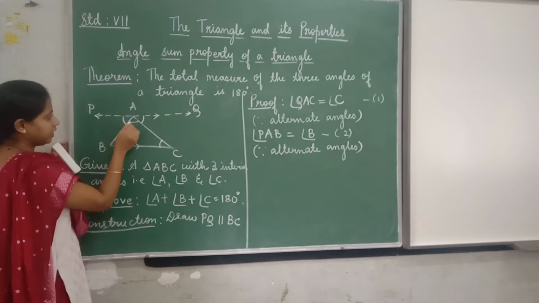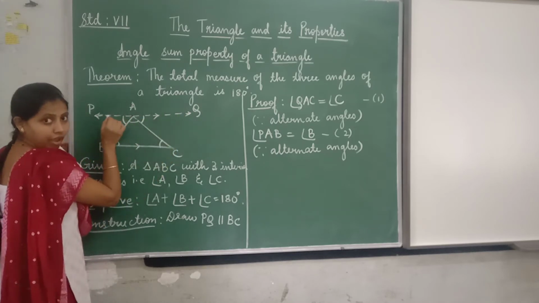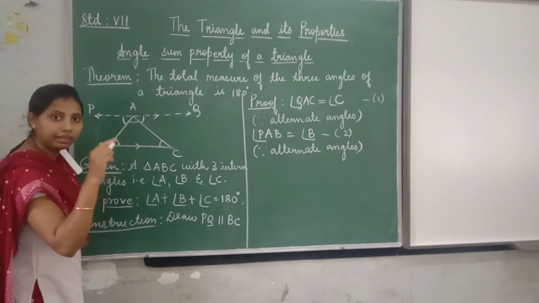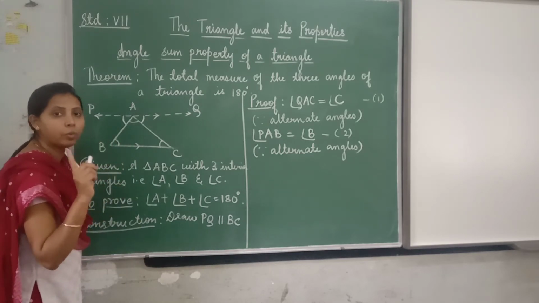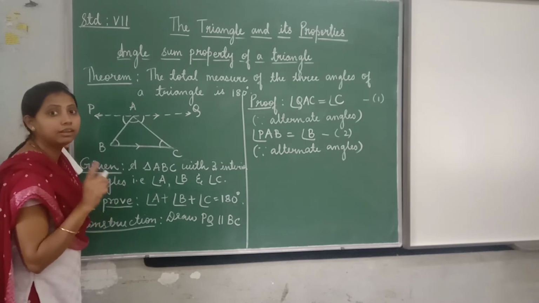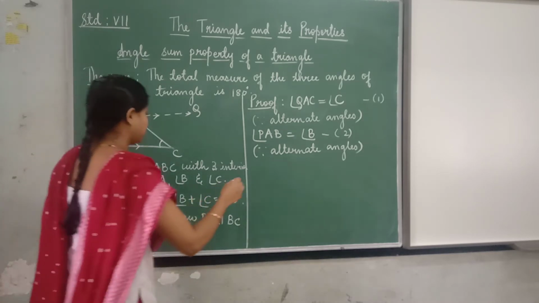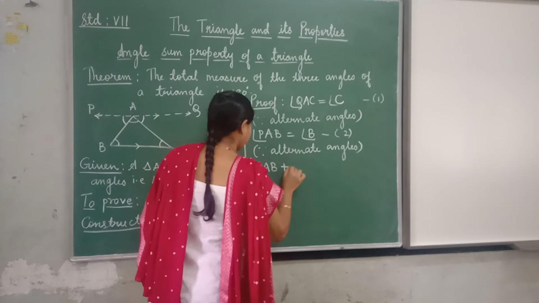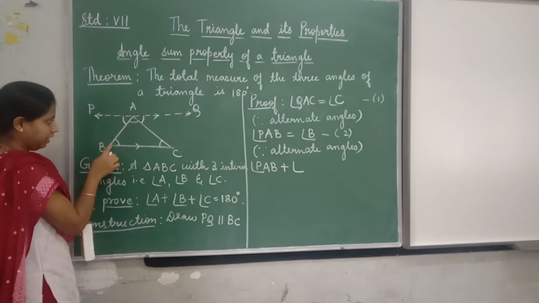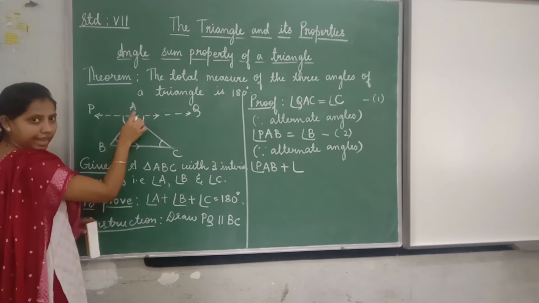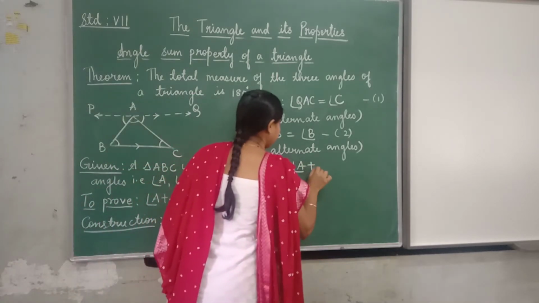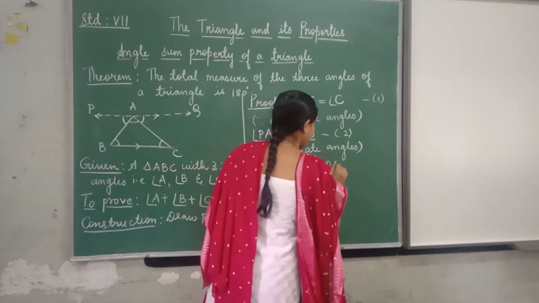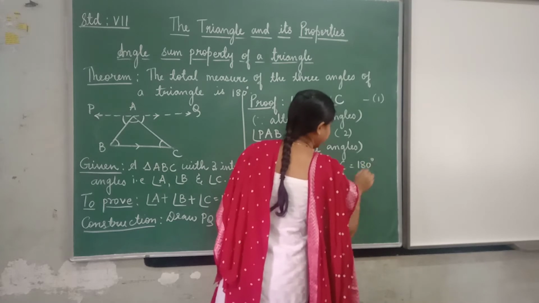Now see these three angles, children. This is a straight line, and on a straight line three angles are formed. We know that the sum of the angles formed on a straight line is always equal to 180 degrees, because they are a linear pair of angles. So the next equation will be angle PAB plus angle A plus angle QAC is equal to 180 degrees.